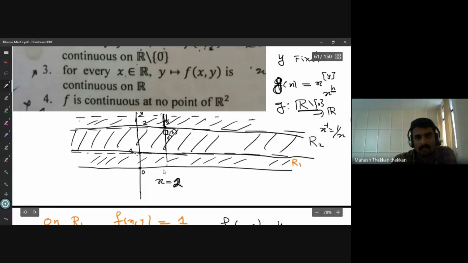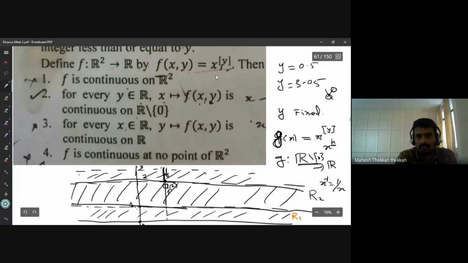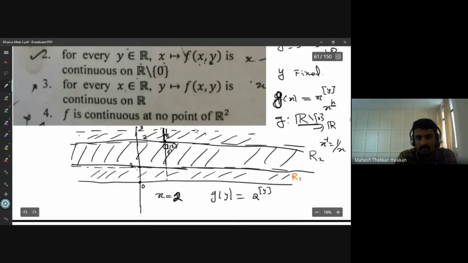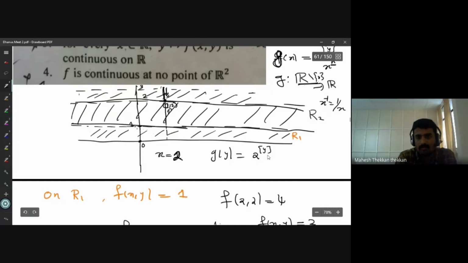Okay, x is equal to 2. Then I am looking at the function g of y is equal to 2 power integral part of y. That is my function, right? X I have fixed, that is 2. So my function is y going to f of x, y. So that function is g of y is 2 power integral part of y. Whenever I look at the domain for y, if it lies from 0 to 1, I will get the function as 1.